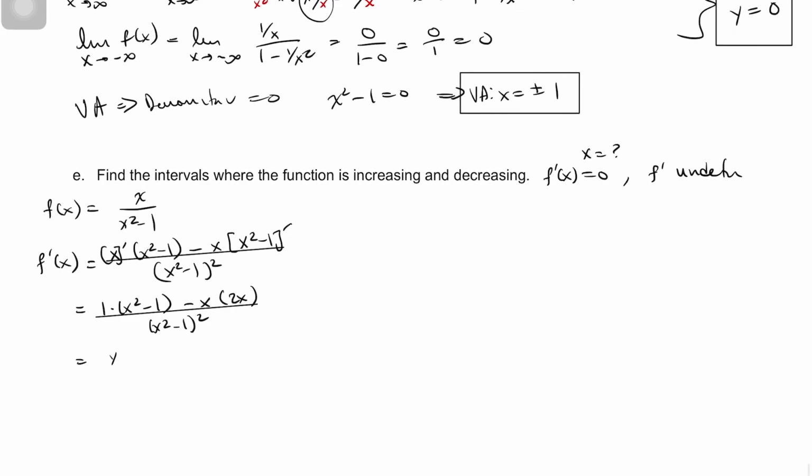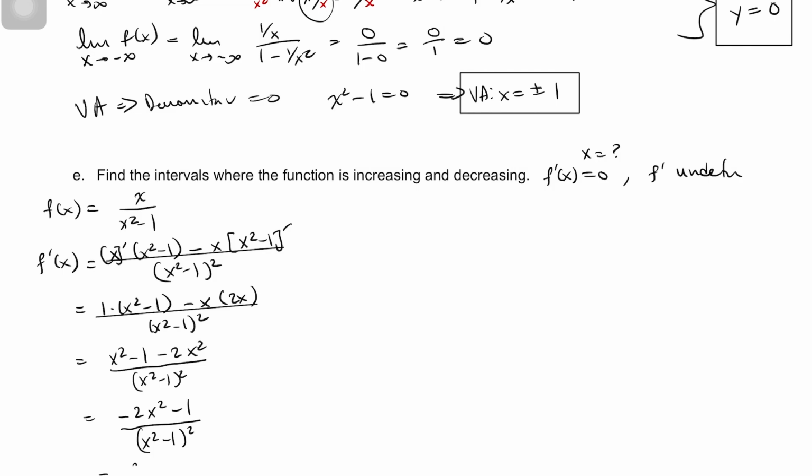Then this gives us x squared minus 1 minus 2x squared. And we're going to simplify this because the x squared and the minus 2x squared are like terms. Because they both have a negative, we can factor it out.